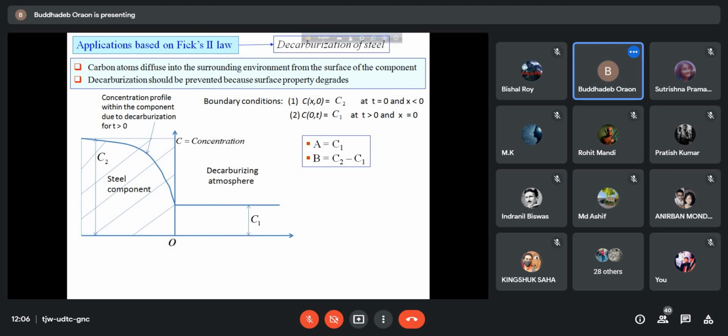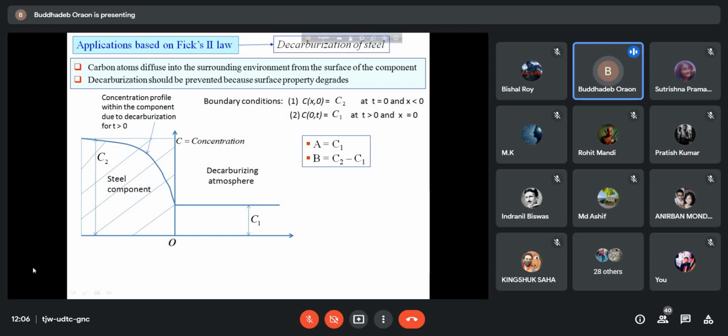If carbon atoms diffuse into the surrounding, the concentration is reduced, and this may affect the mechanical properties of the material. So decarburization should be prevented because surface property degrades, and for decarburization the concentration profile is something like this.